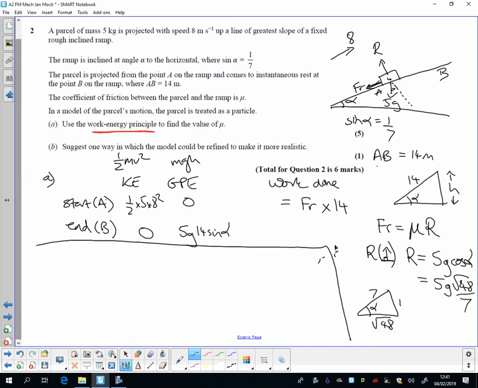And now we're just going to combine all this information together so that I can find out mu. So at the start we've got only kinetic energy. Now that kinetic energy is going to be converted to the gravitational potential energy, and some of it is going to be lost to the work done. Then we're going to put in all those little extra bits we found.